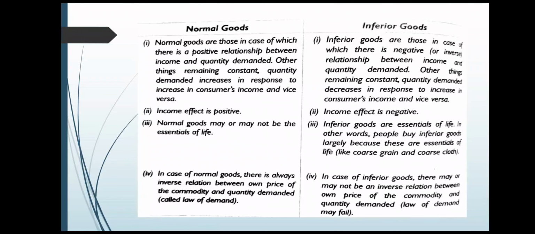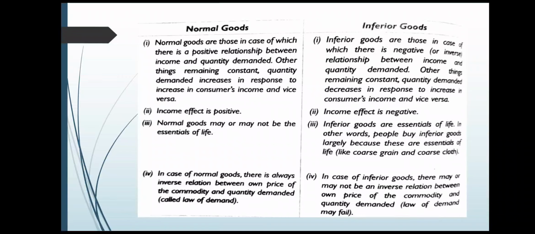Whenever there is a lack of money, they can opt for a low quality version of those products, but they need to have it because those are essentials. Like if good quality grains are not available, they can purchase coarse grains.